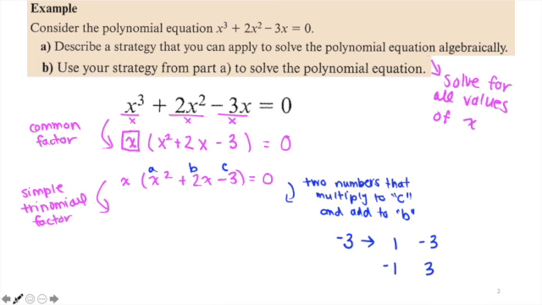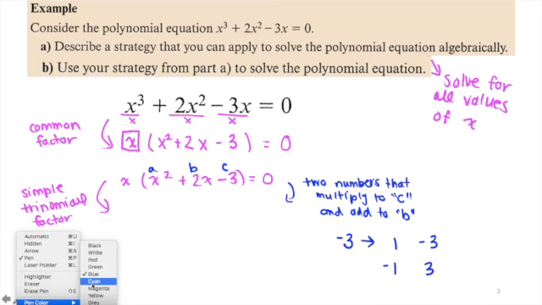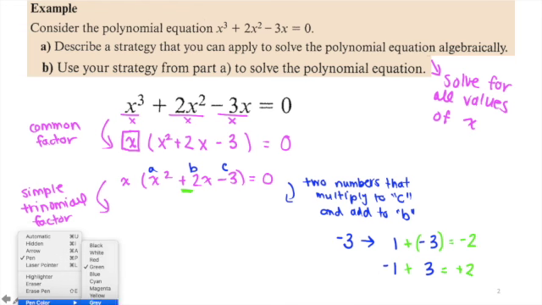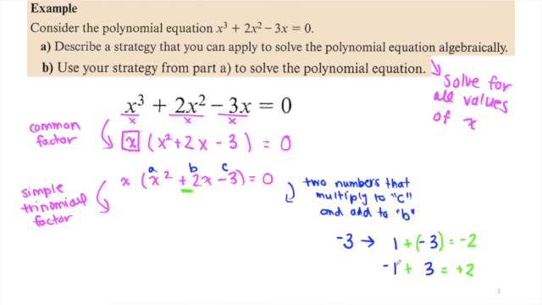Remember, you have your different signs there. Then you need to figure out which ones add to positive 2. 1 plus negative 3 is negative 2, but negative 1 plus 3 is positive 2. So your two factors there are negative 1 and positive 3.